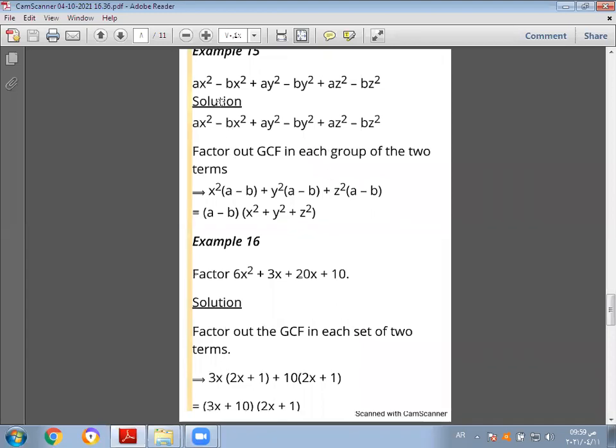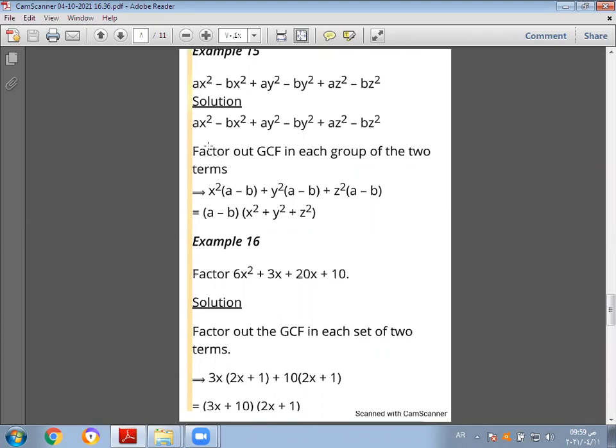Here we may find 5 or 6 or 7 terms. Now we take this 6-term example. Factorize ax power 2 minus bx power 2 plus ay power 2 minus by power 2 plus az power 2 minus bz power 2.